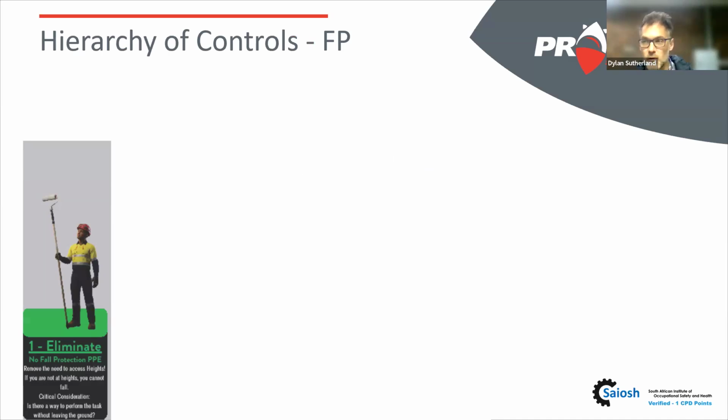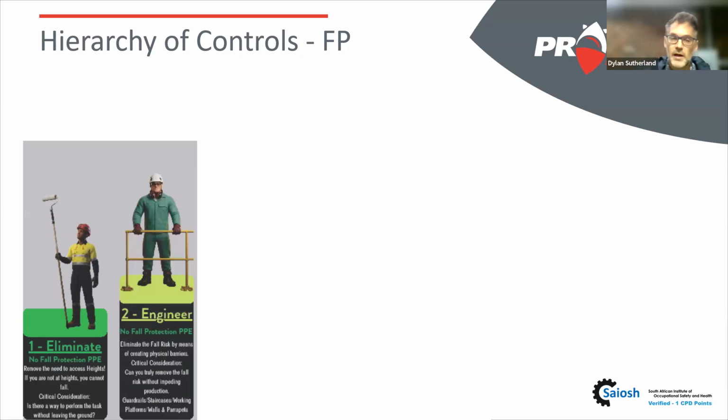Like we can see in this example, if this person was tasked to go paint a structure, and they would normally do it with a scaffold, by replacing that scaffold with an extension pole, they would stay on the ground and they would be safe. That is prize one. We don't want people to leave the ground. If we can eliminate the risk of falling, we eliminate everything else linked to it. Now, it's obviously not always practical, but it needs to be part of the consideration.